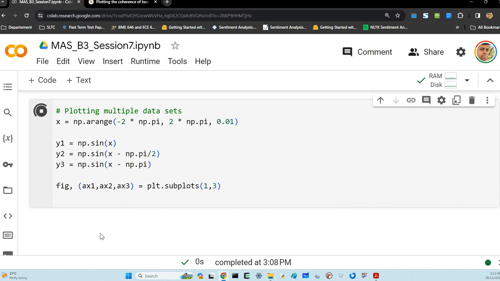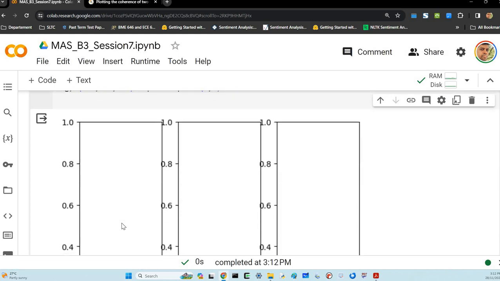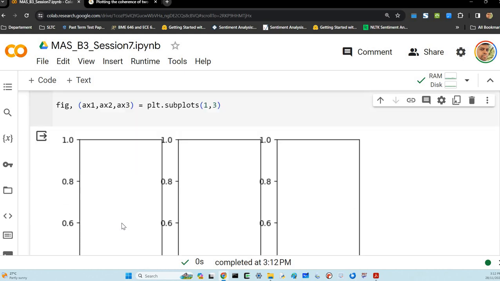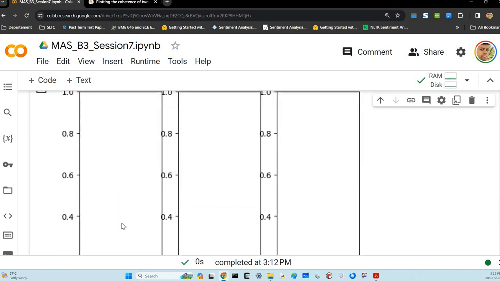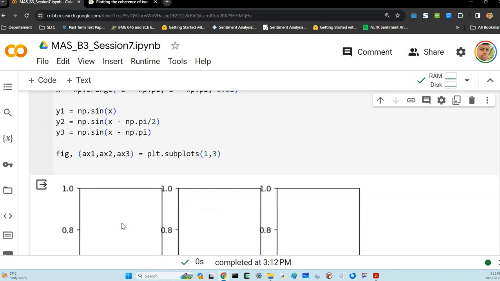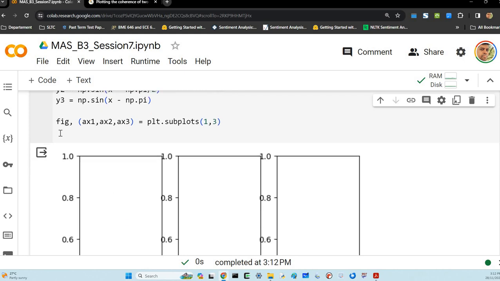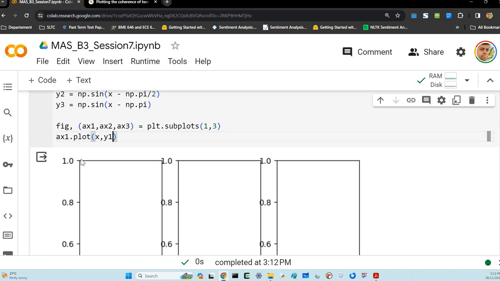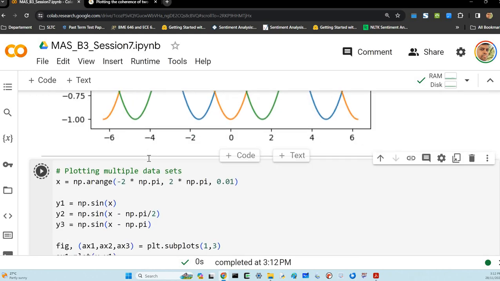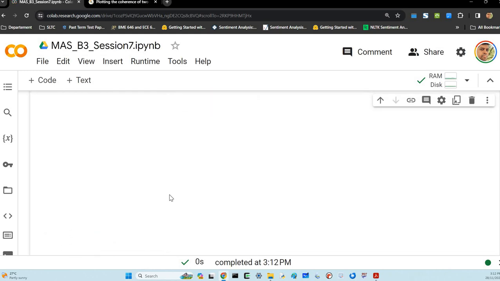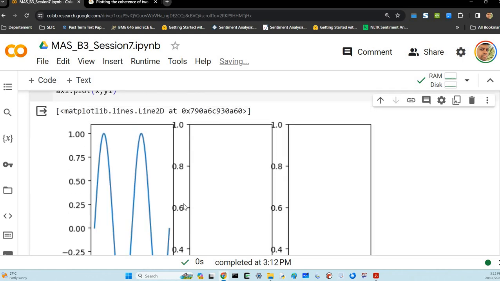When you run this, you will get something like this. You can notice now we get 3 different locations. So now let's add the plot. I will get the first one, plot x comma y1. If I run this, you can see you will get one graph here.